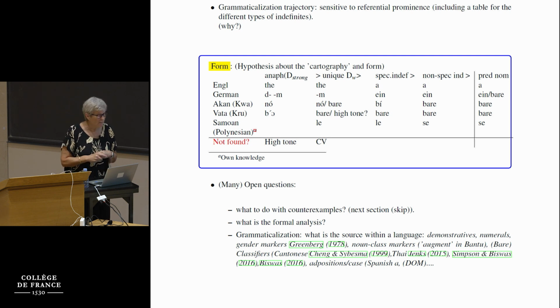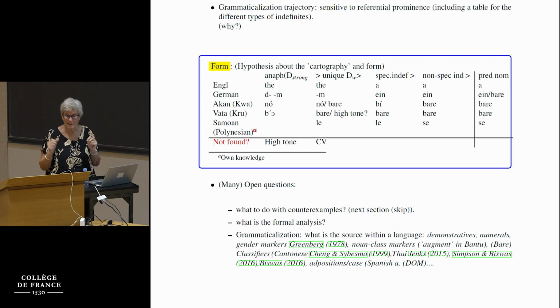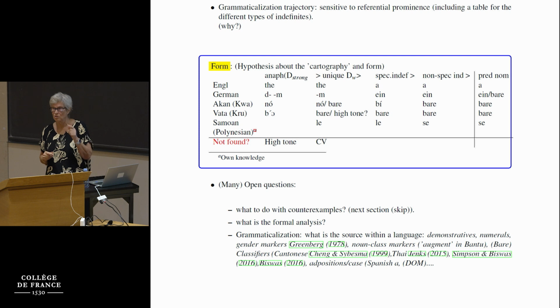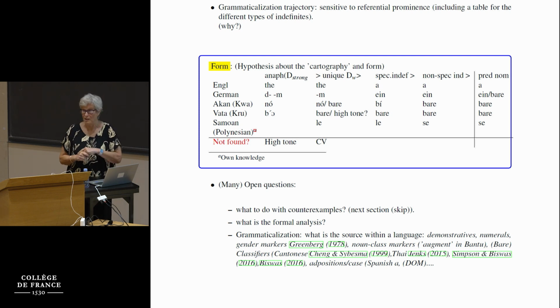So what we see for these languages that are apparent counterexamples, these are all so-called differential object marking languages. And what those languages do, like Persian, is if you say something like, I read a book, book is bare, no indefinite article. There's an optional indefinite article, but it's not necessary. You can have it bare and be interpreted as an indefinite.